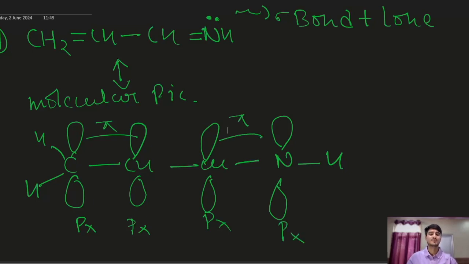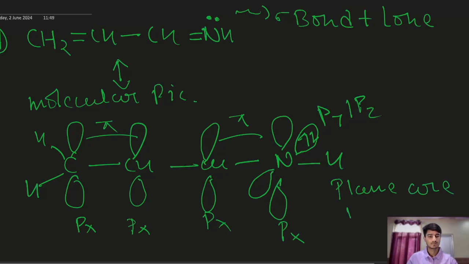And if px of this nitrogen is used in forming a pi bond, our lone pair must be in py or pz. As we can see, the adjacent orbital is px, but our lone pair is in py or pz. So the planes are mismatched.